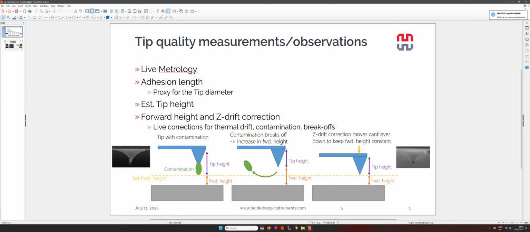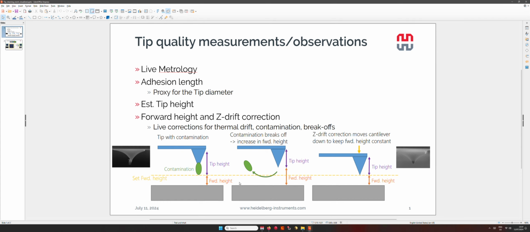So when we write, here I have the slide that explains the tip quality measurements and observation. Basically, when we write, we can accumulate some contaminations, or we can have some blunting, and we can have also some thermal drifts. These phenomena can alter the effective tip height.